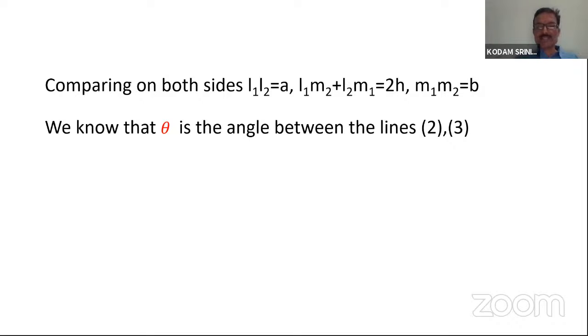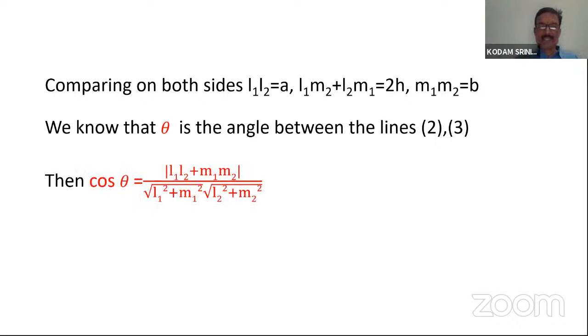Already we have the theorem from the previous chapter, straight lines: if l1x plus m1y equal to 0 and l2x plus m2y equal to 0 are two straight lines which are passing through the origin and theta is the angle between them.